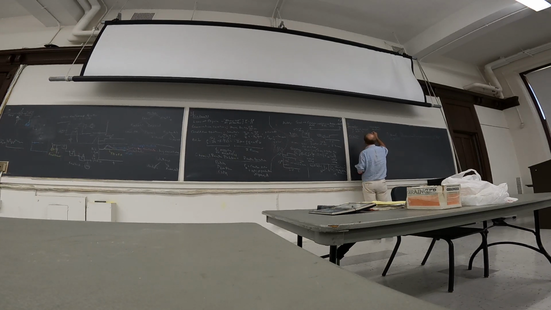Well, we define something called the degrees of freedom, which we often write as degree F. And that's defined as the number of variables minus the number of equations.